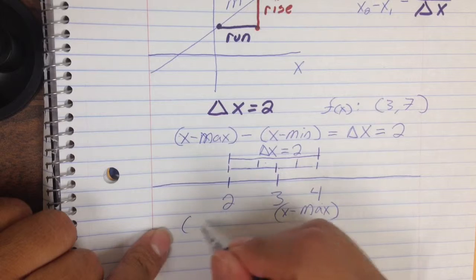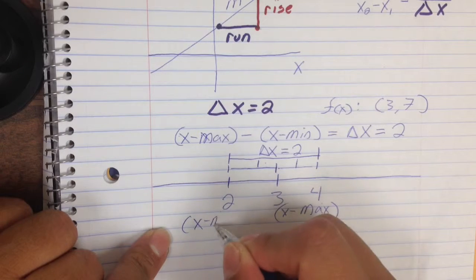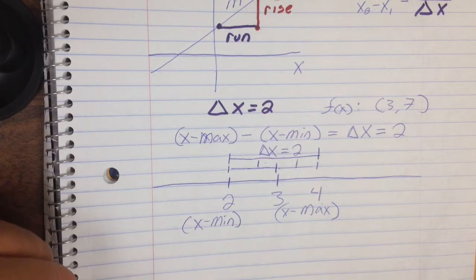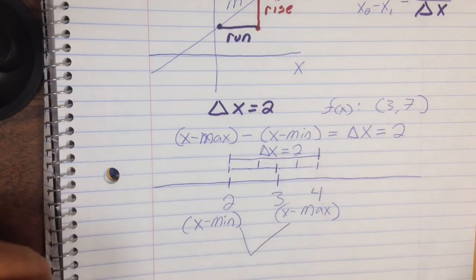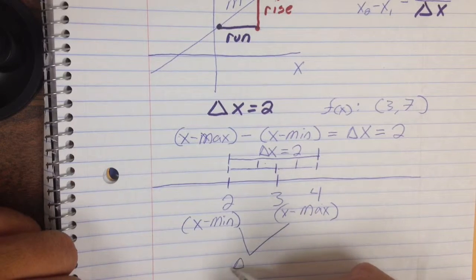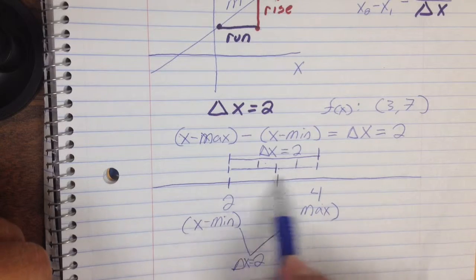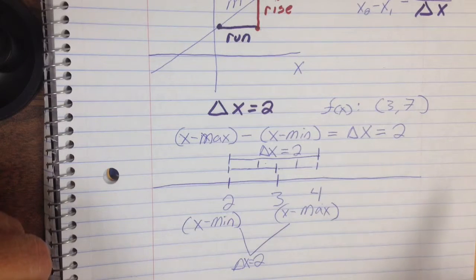And this would be my x minimum value on my computer screen. And the distance between those two is in fact 2. So that's how we're using the symbol delta x, the distance you can travel horizontally on your computer screen.